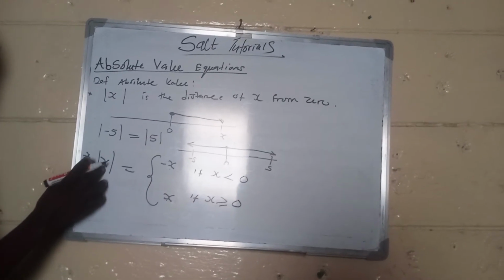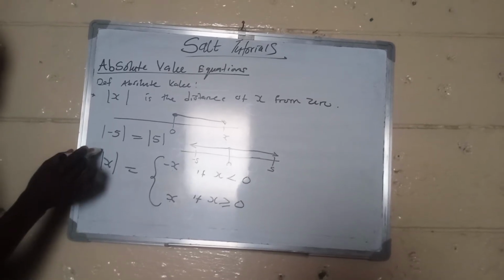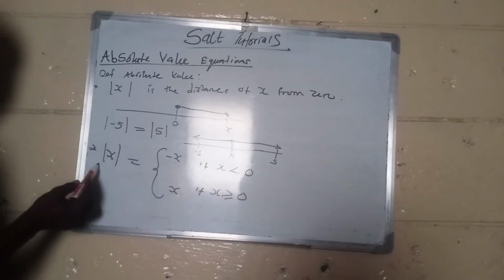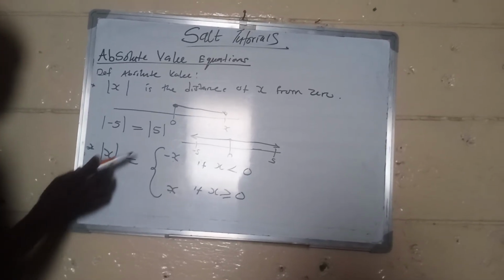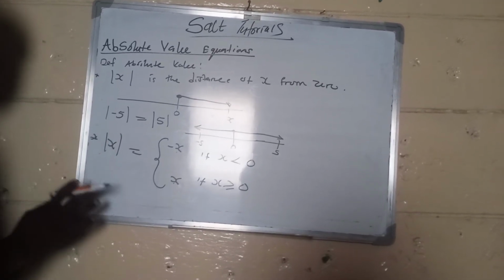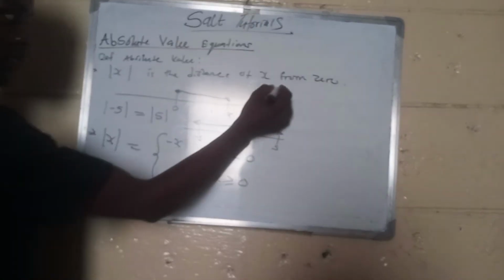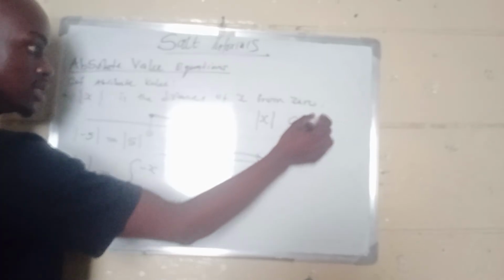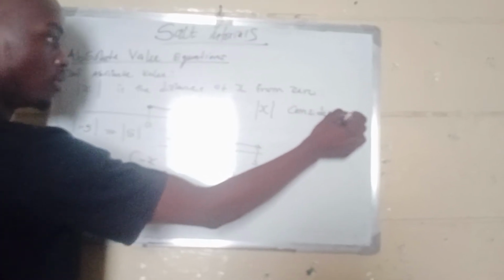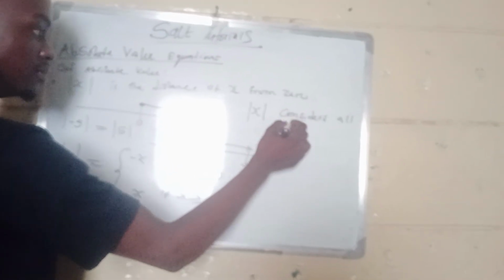The emphasis here is that if I put in the absolute value, all values which come out should be positive. So the absolute value of x considers all positive values.